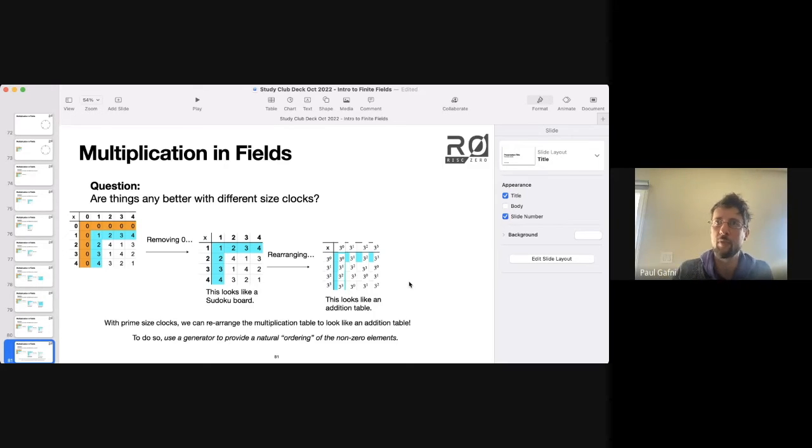So to summarize, you ask a really good question here because the addition is a little bit hard to see initially. But the key magic of finite field arithmetic is that if you think of everything in terms of a generator, then multiplication just becomes effectively adding the exponents of that generator.